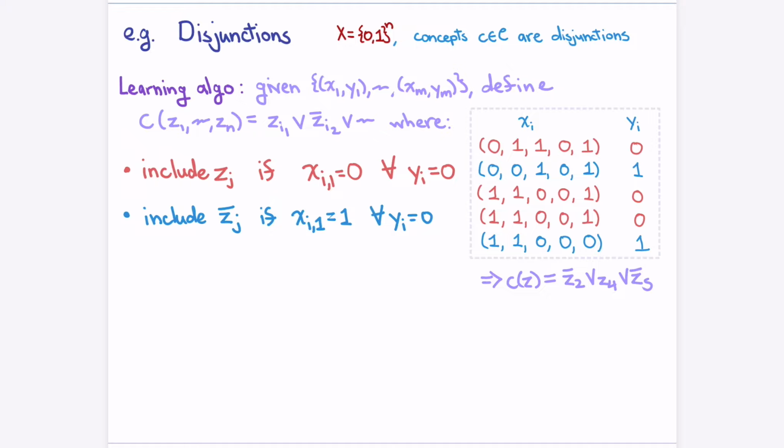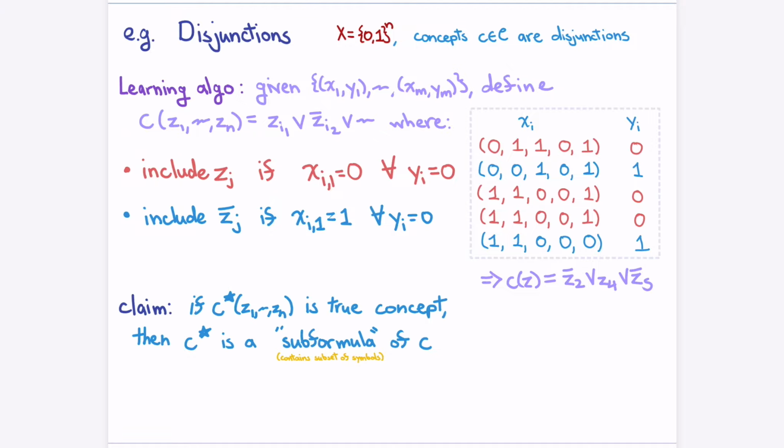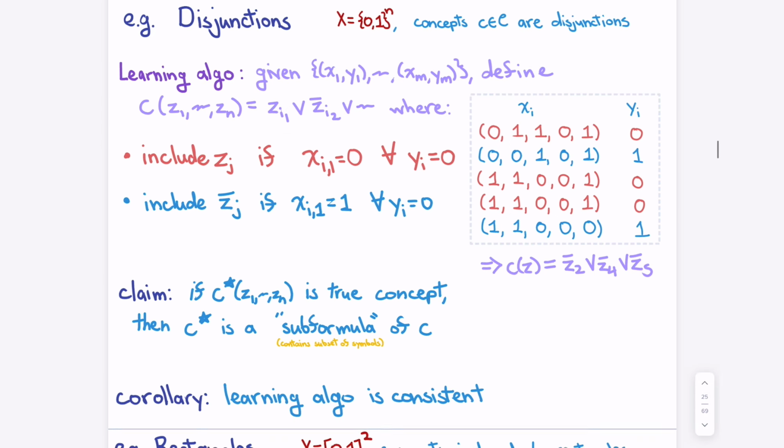So this claim we've already done implicitly. Since this is adding every agreeing variable, whatever is a true concept is going to be some subset of our disjunction, some sub-disjunction.